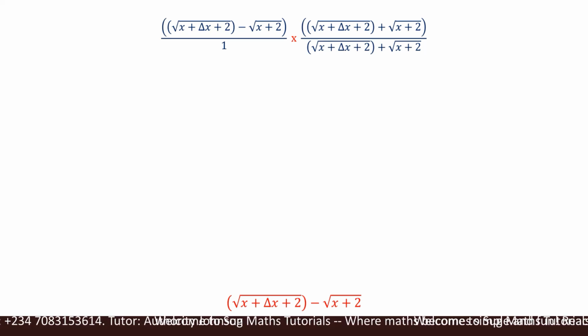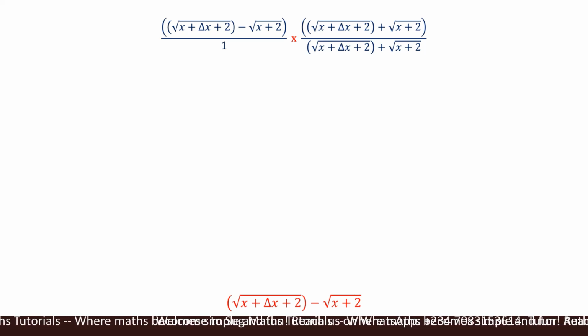This is the same thing as saying all over 1 times the conjugate, which now is square root of x plus change in x plus 2 plus square root of x plus 2, all over square root of x plus change in x plus 2 plus square root of x plus 2. So this is the conjugate, right? You know that this conjugate all over conjugate is the same as 1. So 1 multiplied by the radical or the surd is still the same, right?